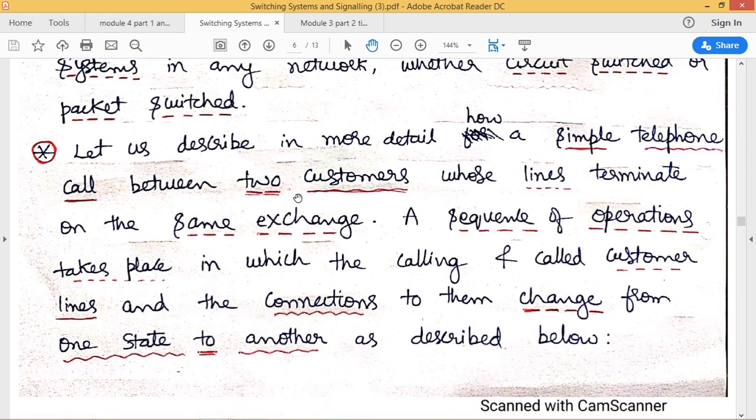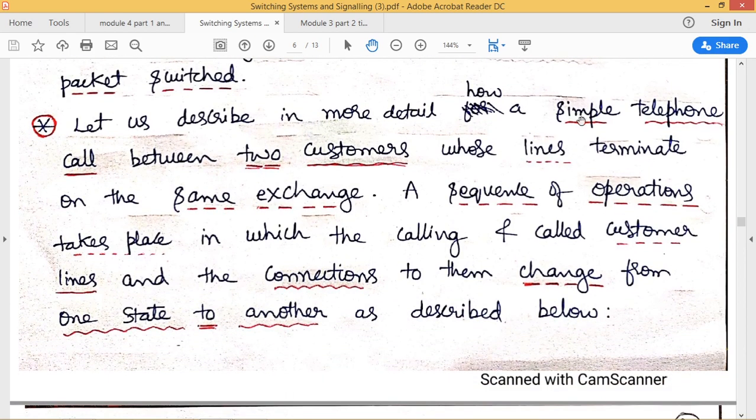Let us consider in more detail how a simple telephone call is placed between two customers whose telephone lines are terminated on the same exchange. That means at a particular local exchange, two customers are connected, and let us discuss how the switching takes place and how a call is established between two end customers.